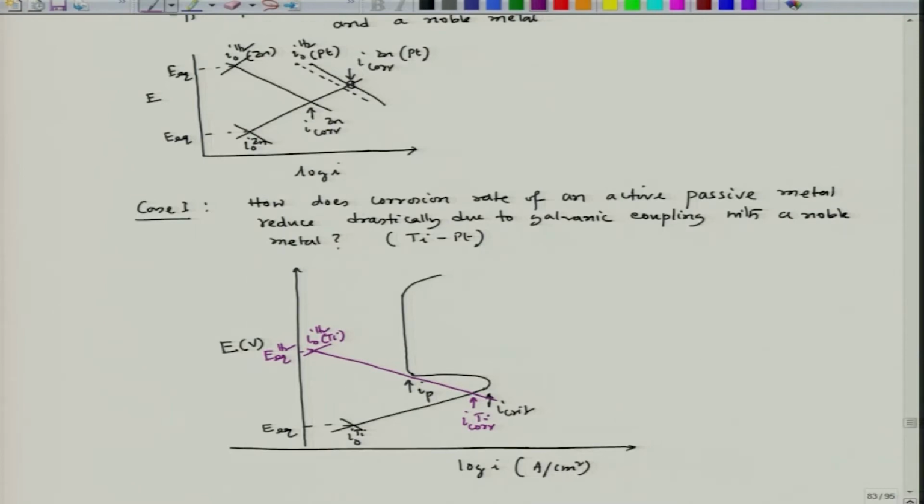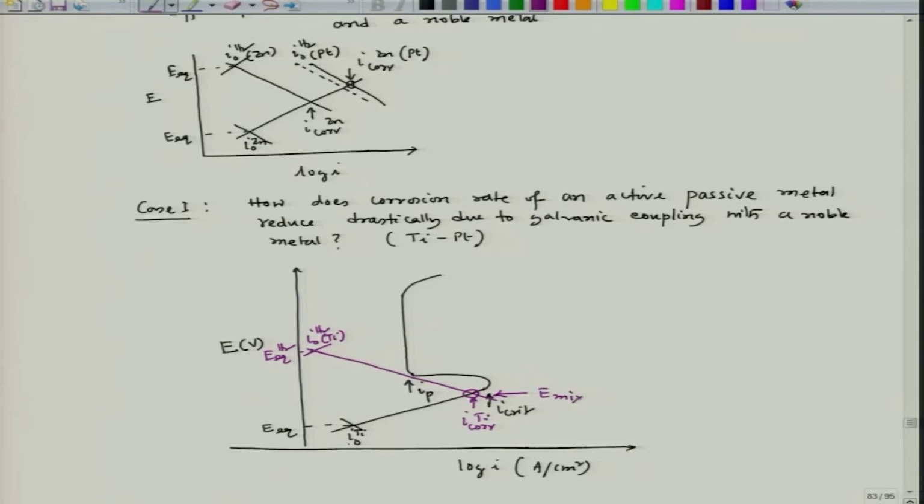So, that means if we leave a titanium piece in an electrolyte containing hydrogen ion, let us say acid, and the hydrogen evolution reaction is the cathodic reaction, due to the mutual polarization of titanium and hydrogen, both of them will try to drag the potential towards the mixed potential, which is this one, E mix.